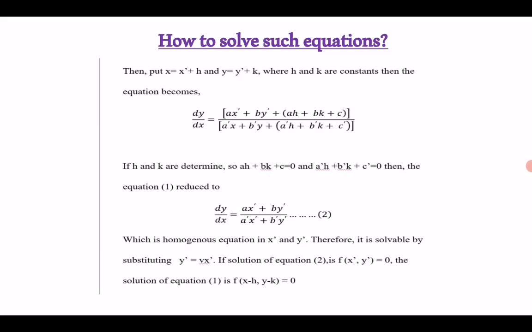Therefore, it is solvable by substituting y prime equals v times x prime. If the solution of equation 2 is a function of x prime and y prime equals 0, then the solution of equation 1 is the same function of x minus h and y minus k equals 0.